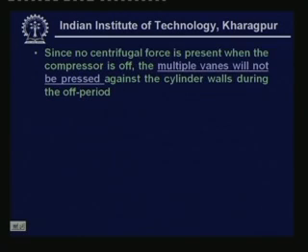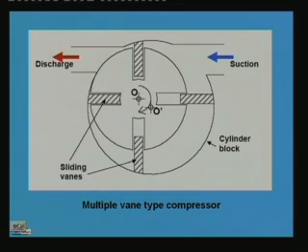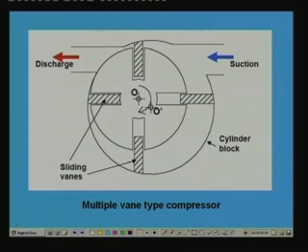Since no centrifugal force is present when the compressor is off, the multiple vanes will not be pressed against the cylinder walls during the off period. That means when the compressor is off, there is no centrifugal action, so these vanes will not be pressed against the cylinder block.